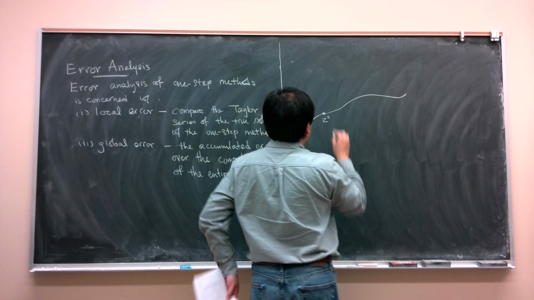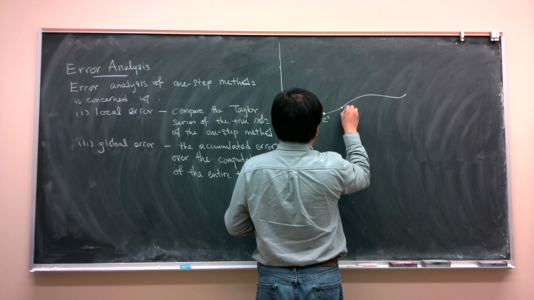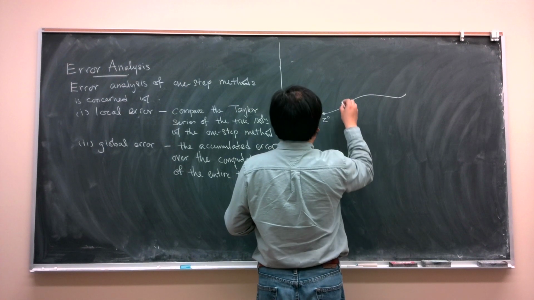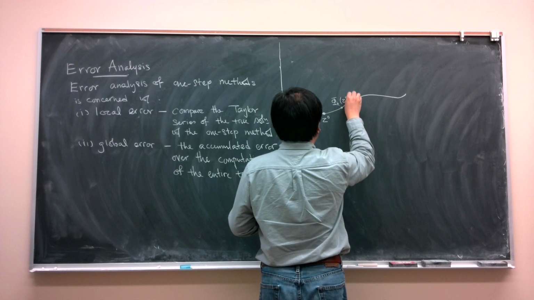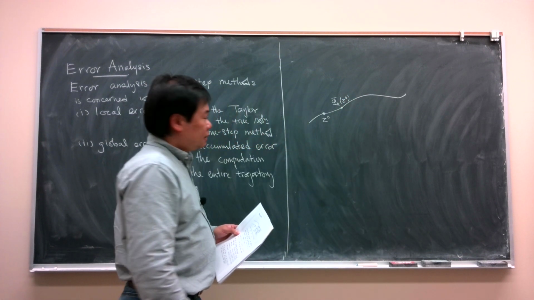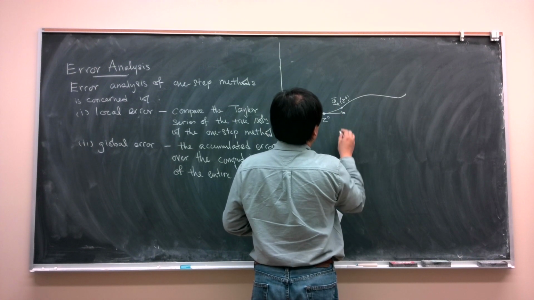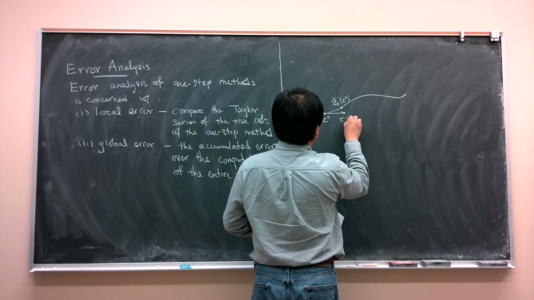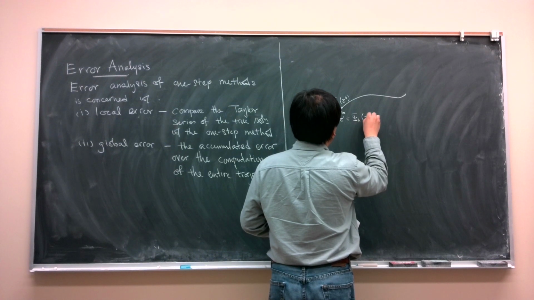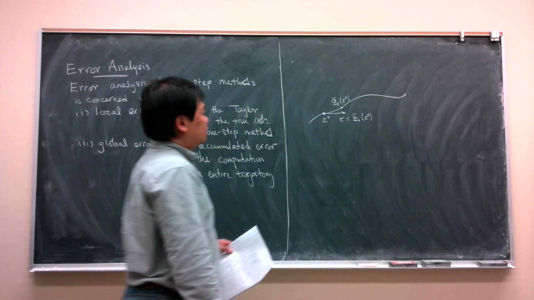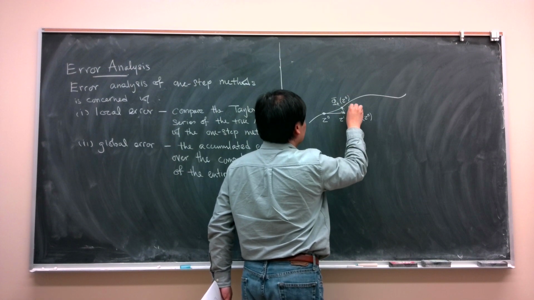So after a certain time, this would be, if you will, the exact flow map applied to z0. Okay, so this is the exact solution, and maybe there's a numerical approximation to it, which I call z1, which is the numerical flow or numerical one-step method applied to z0. Okay, and this difference here is what we call the local error.